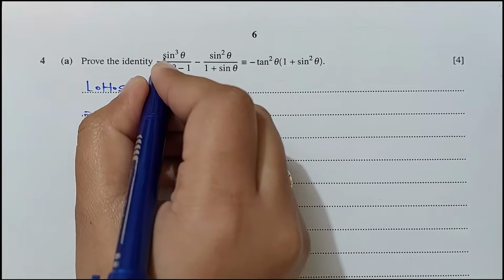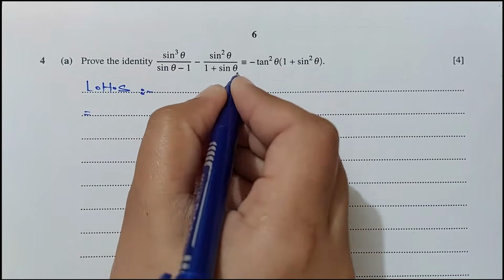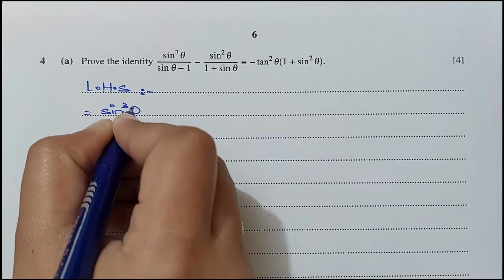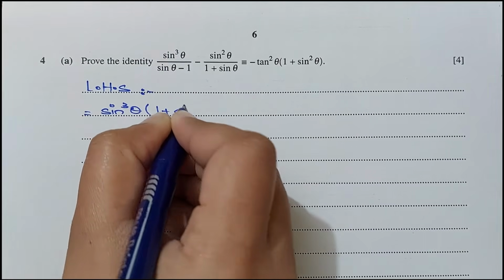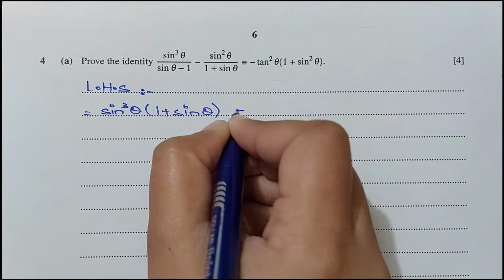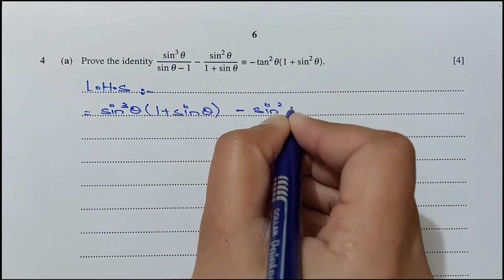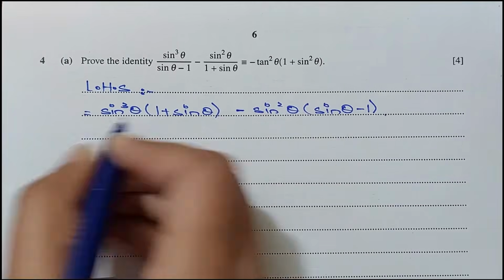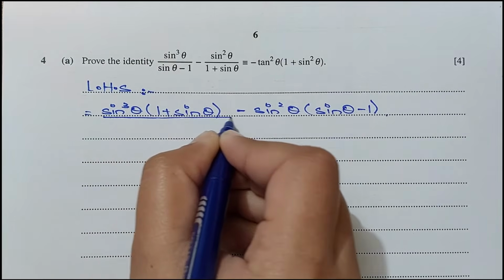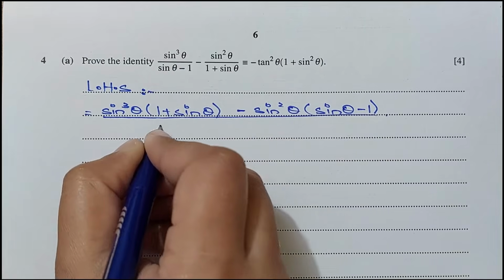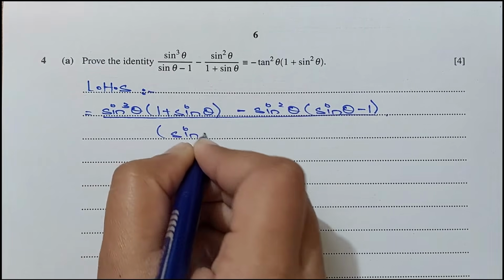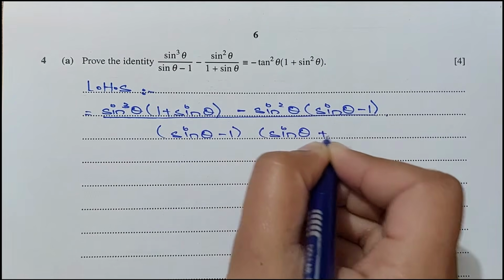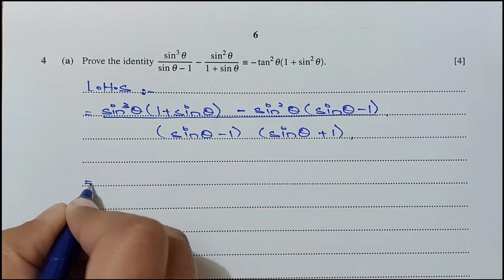So sine cubed theta is going to multiply with the opposite denominator, sine cubed theta into 1 plus sine theta, and minus sine squared theta is going to multiply with sine theta minus 1, right? And this is going to divide with sine theta minus 1 and sine theta plus 1, right?